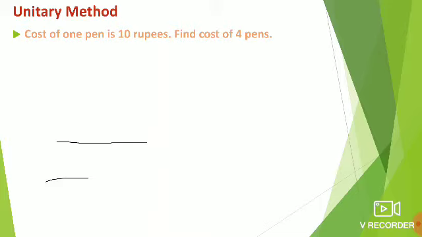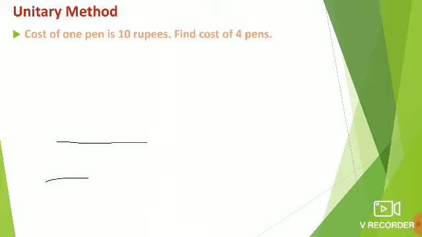See students, you often go to a shop, generally a stationery shop, to buy some notebooks, pens, pencils, erasers, crayons like this. So you ask the shopkeeper what is the cost of one notebook? What is the cost of one pen?